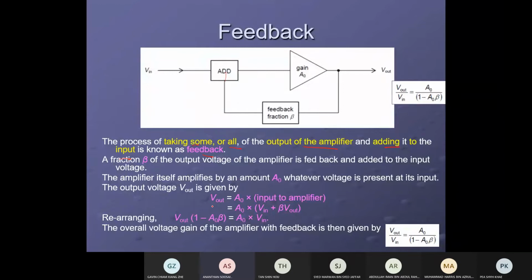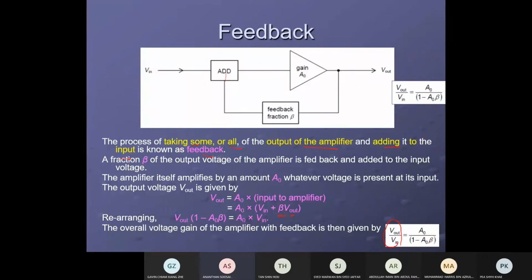They found that V out equals A naught times the input to the amplifier. The input to the amplifier is the original input plus a fraction beta of the output. When they rearrange this formula, gain is output over input, and they found that the gain is decreasing.